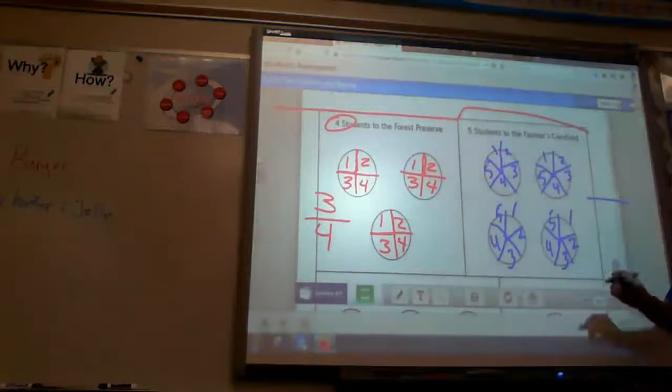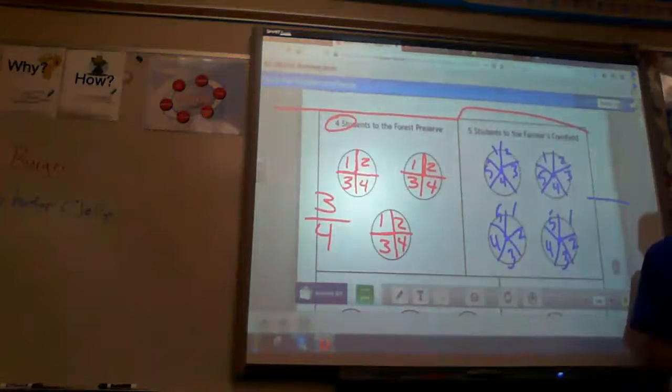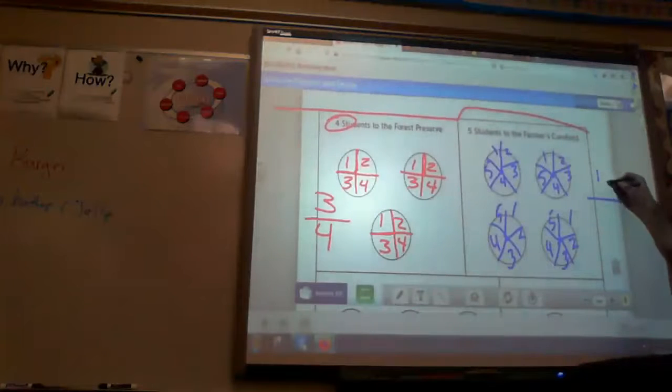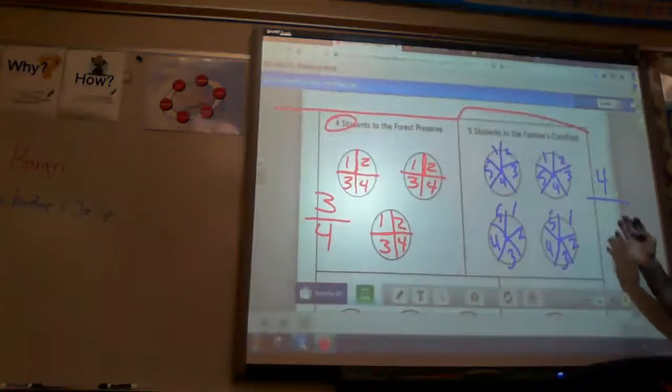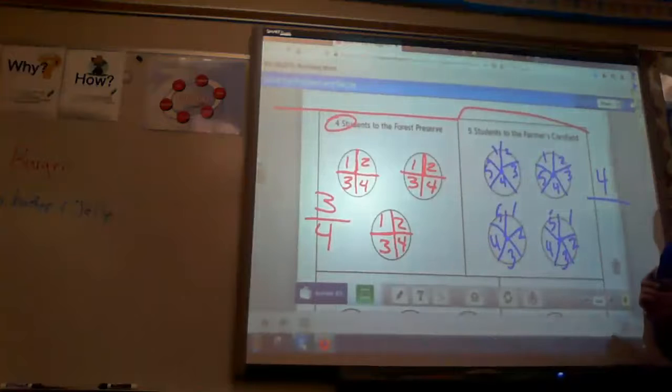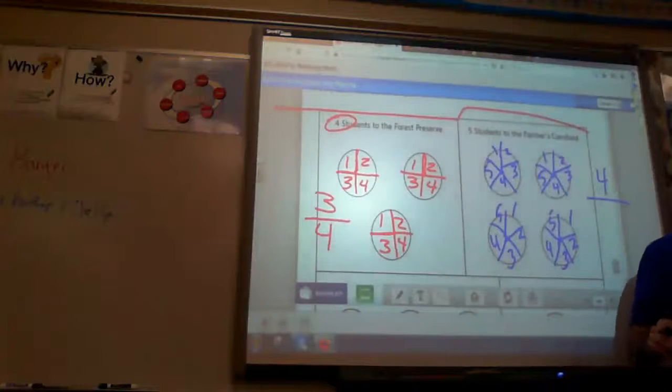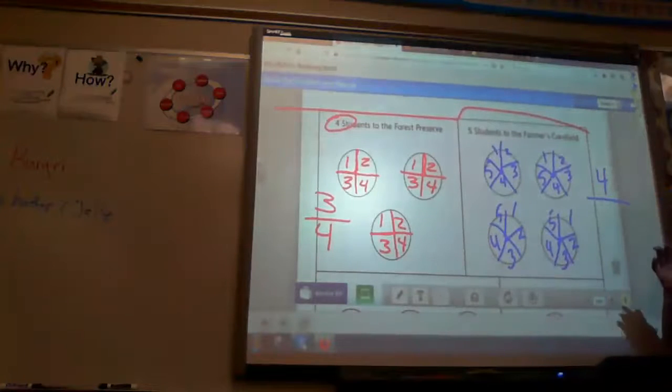Okay. How many pieces does each person get? So you'd count how many pieces number 1 gets. Class, 3, 2, 1, how many? 4. Okay. How many total pieces in just, see now this is where I think you guys are doing a really good job of this.